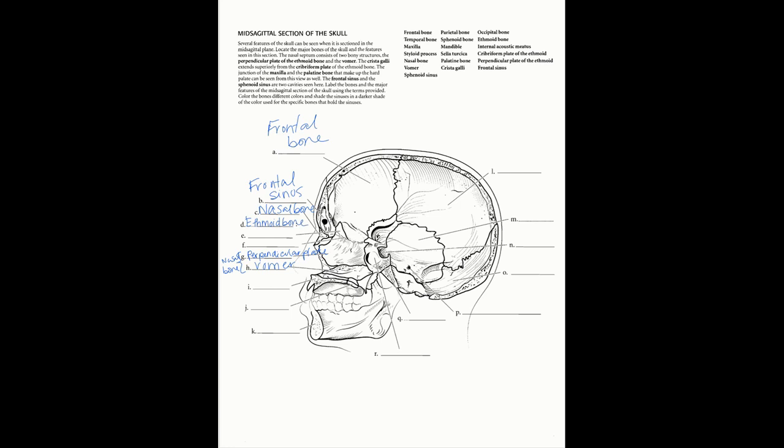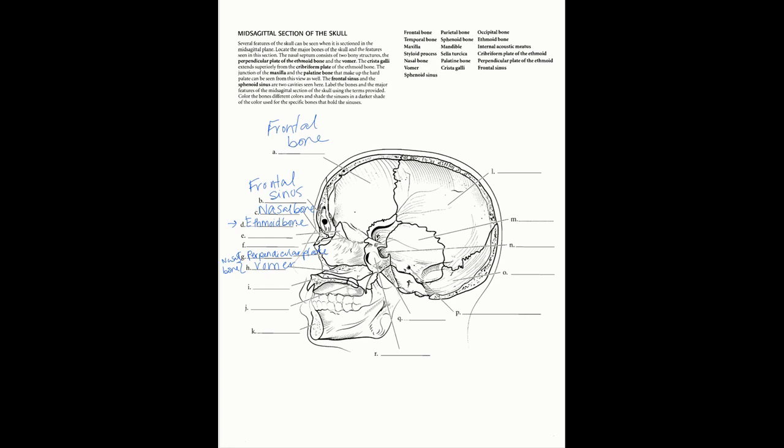The ethmoid bone is right in the center. It's just behind the nasal bone, and the ethmoid has 2 structures that are quite porous. They actually have quite a bit of holes. It's a little bit spongy because the ethmoid bone is going to have passage for your olfactory neurons. Your olfactory neurons are the neurons or receptors for smell.